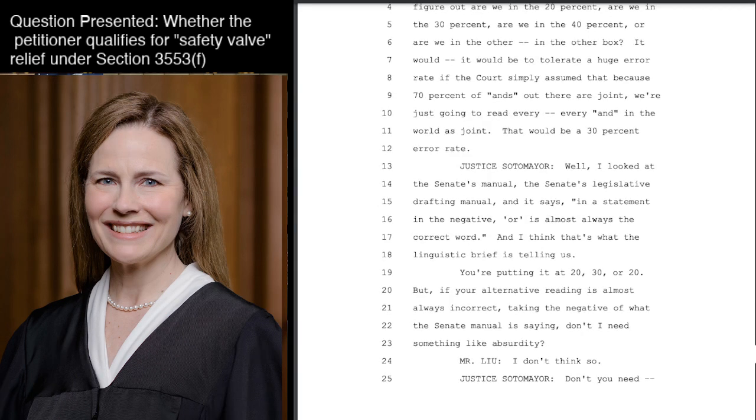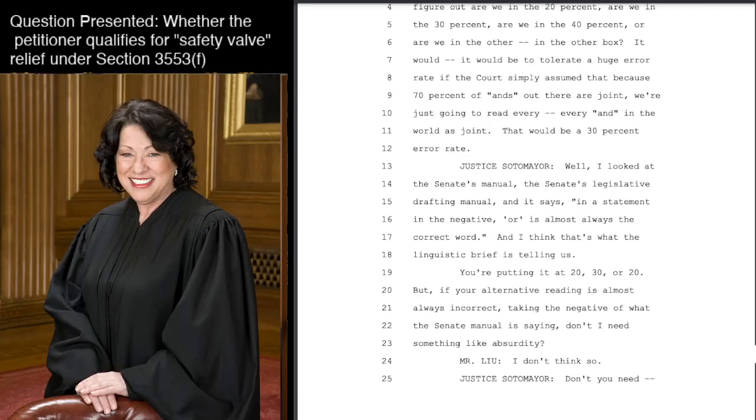The Senate's legislative drafting manual says, in a statement in the negative, "or" is almost always the correct word. And I think that's what the linguistic brief is telling us. You're putting it at 20, 30, or 20. But if your alternative reading is almost always incorrect, taking the negative of what the Senate manual is saying, don't I need something like absurdity?